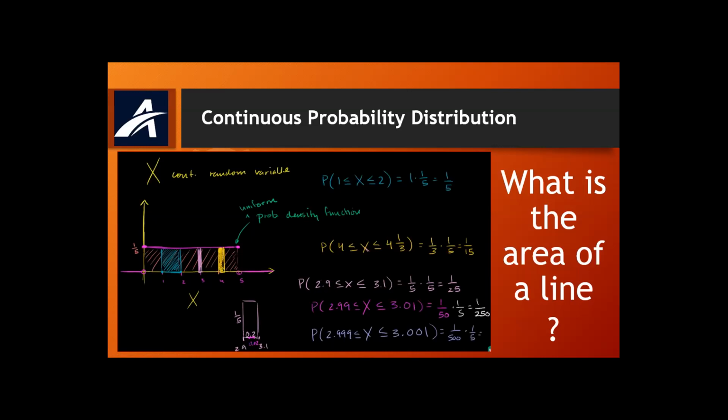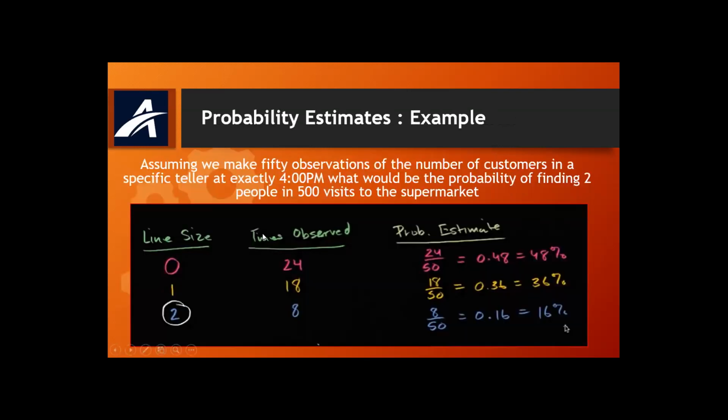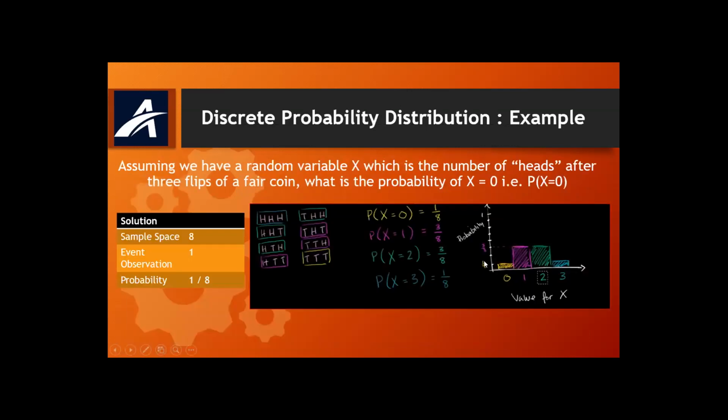I want you to walk through this because it's the beginning of transitioning from discrete values into continuous values, doing probability density of continuous values. The first one here, we had discrete values. This is discrete probability.